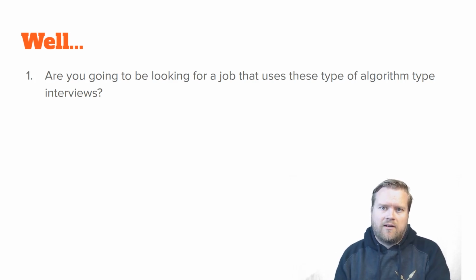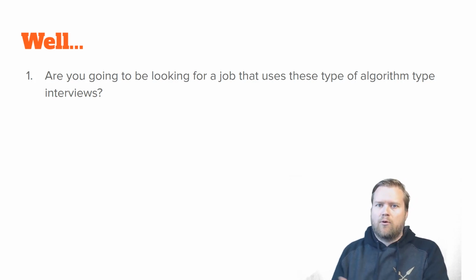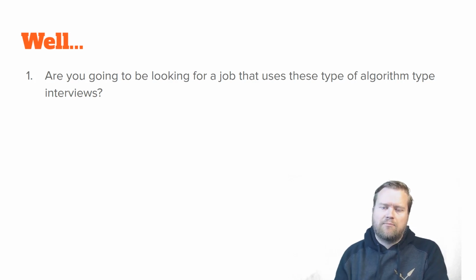Maybe you can find one if you've been in the industry for 10 years and you're an amazing developer, but you can't do algorithms. There's a ton of companies out there that will hire you. You can pair with them. You can show them that you know everything, and they're not going to ask you these whiteboarding algorithm-type questions. And I guess you could make the argument that some whiteboarding questions are not algorithm specific. They might have you do other things, but when I talk about whiteboarding, it's usually algorithms or completing some sort of problem.